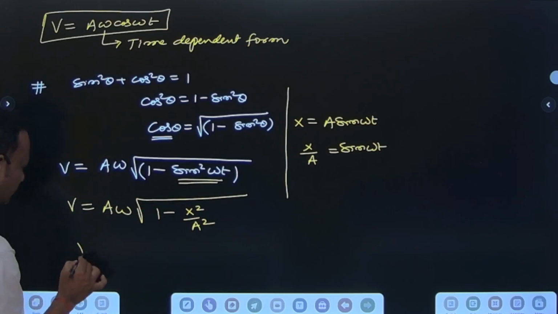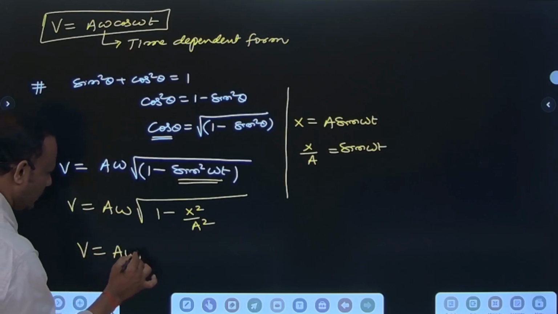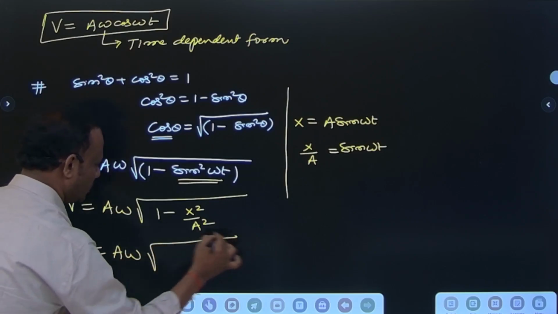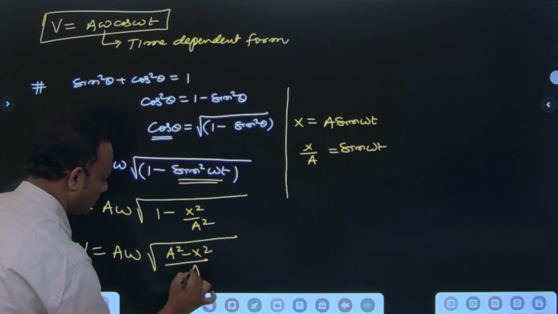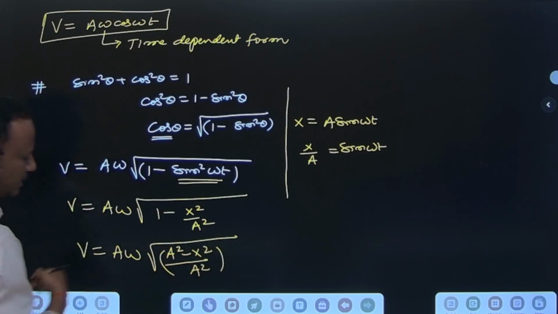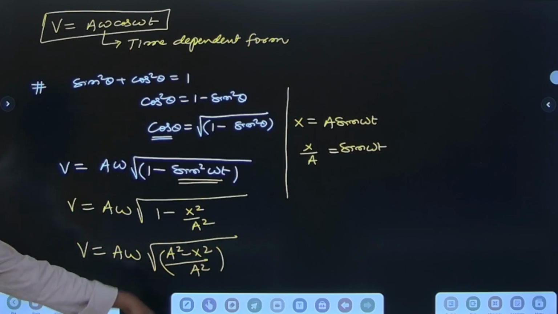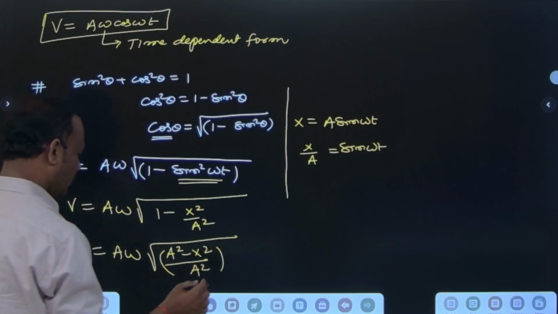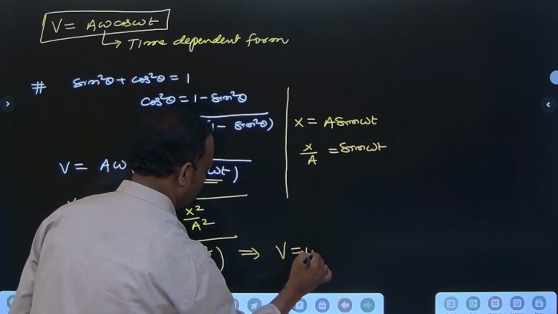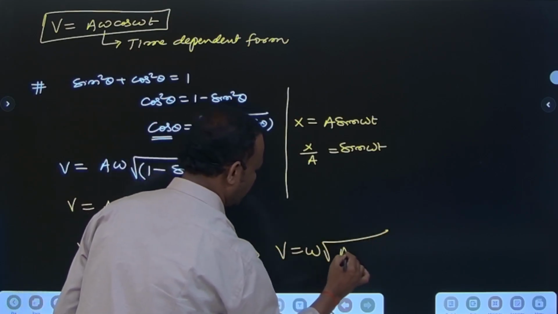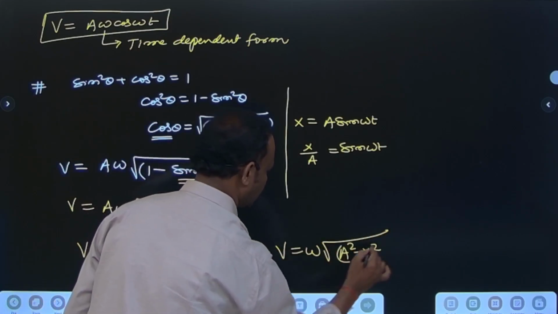So this is V equal to A omega times under root of A square minus x square by A square. One A cancels, this comes out of the root, correct? So what will be your final answer? V is equal to omega under root of A square minus x square.